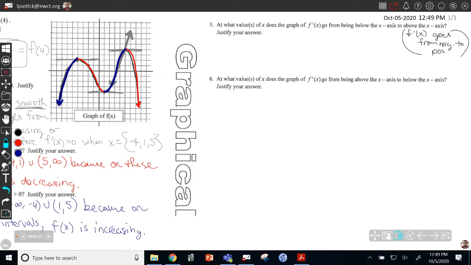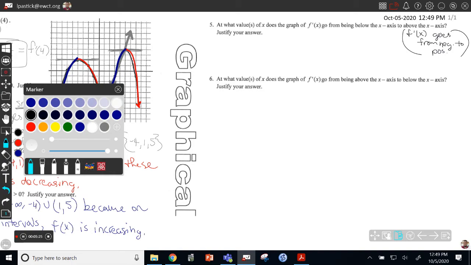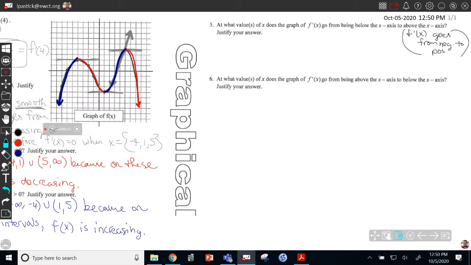So where does this original curve go from decreasing to increasing? That's what we want to ask ourselves. We want to look for where the original curve goes from decreasing to increasing, because that'll be where the derivative goes from negative to positive.